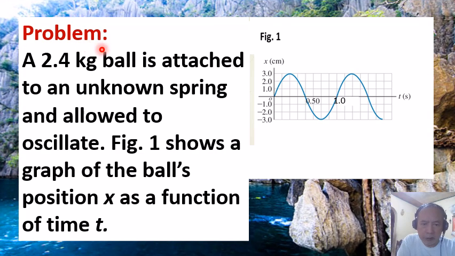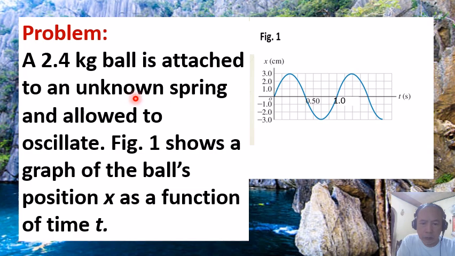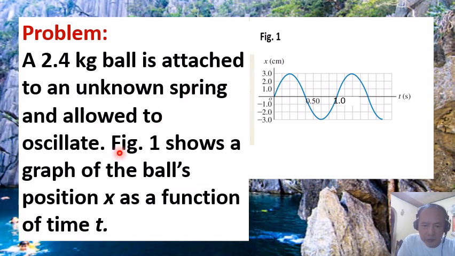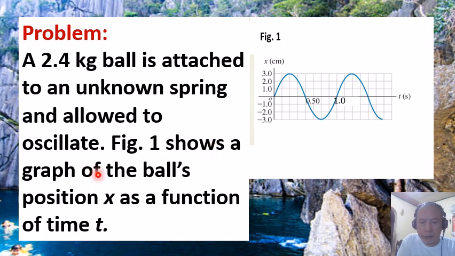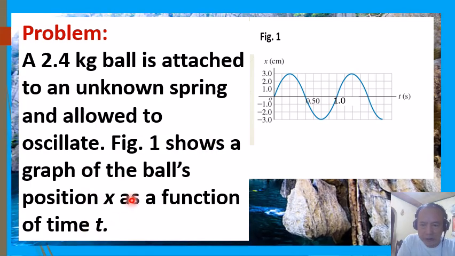The problem is a 2.4 kilogram ball is attached to an unknown spring and allowed to oscillate. Figure 1 shows a graph of the ball's position x as a function of time t.